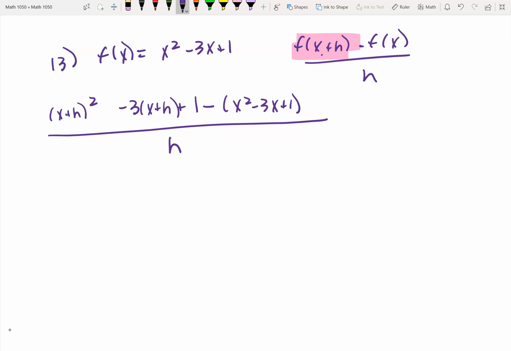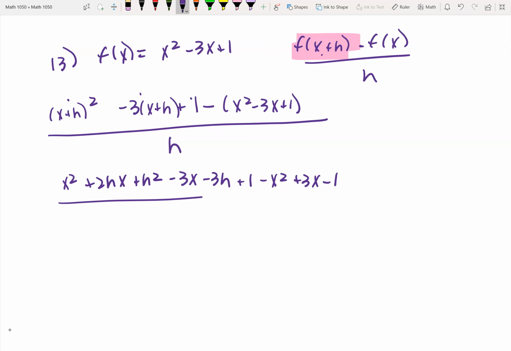Now they want you to simplify it. So right here, I'm going to FOIL. So that's x to the second plus 2hx plus h squared. Distribute negative 3x minus 3h plus 1. Distribute negative x to the second plus 3x minus 1. Some of you are not liking writing the entire thing, meaning writing that divided by h.